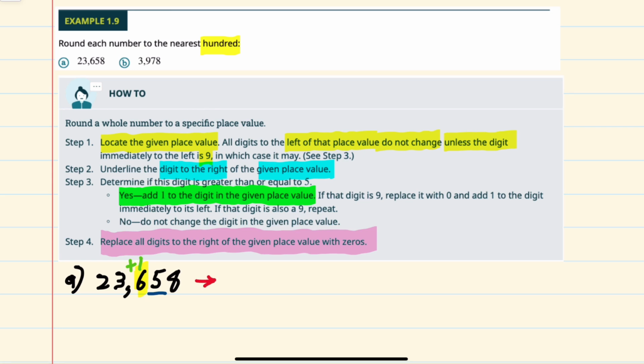Our given place value, again, is where the 6 was. The 6 will now have the 1 added to it from step 3. And in step 4, replacing the remaining digits with zeros gives us our rounded number 23,700.